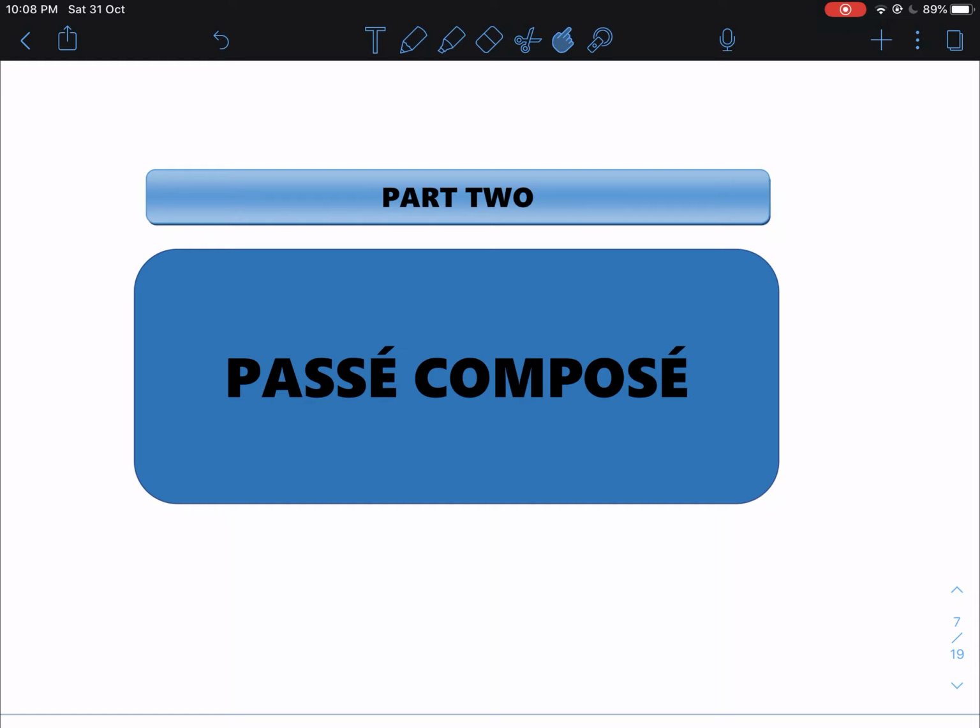Now, which verbs are constructed with auxiliary être and which ones are constructed with auxiliary avoir? This is the main idea that you need to understand in part 1 of this clip, alright? And also, how passé composé is constructed and what the main components of passé composé are. Remember, you have auxiliary, avoir or être, and past participle.